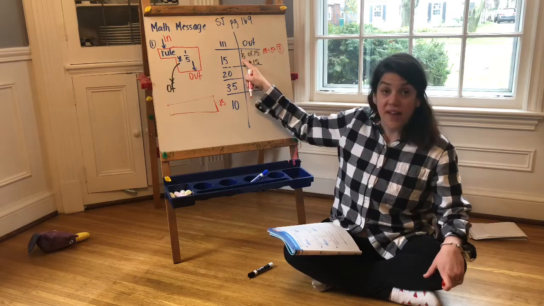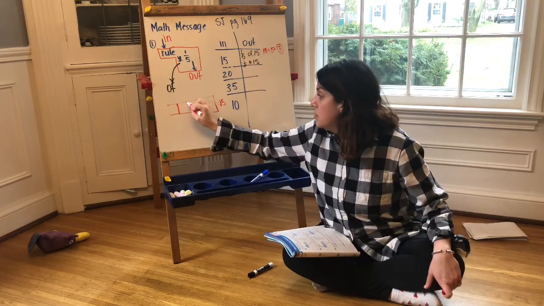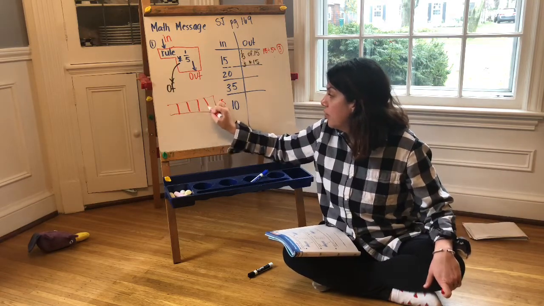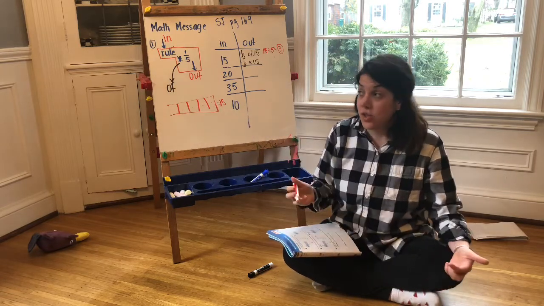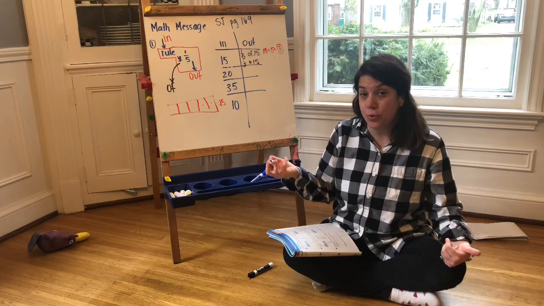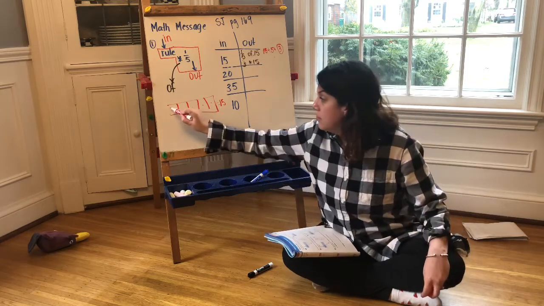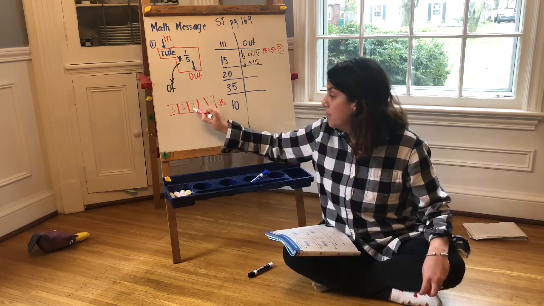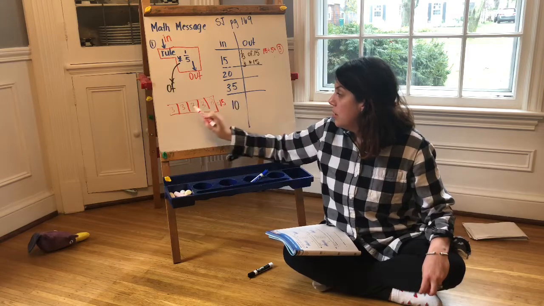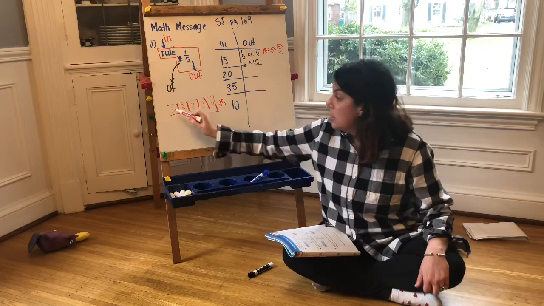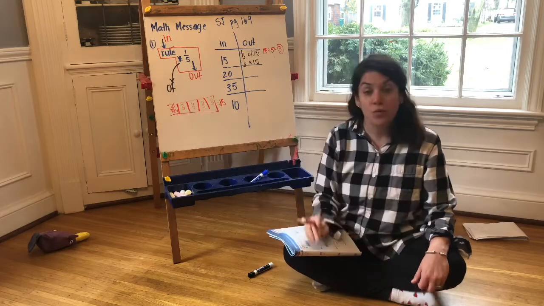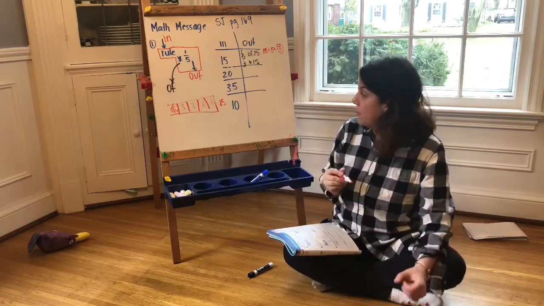Well, fifths. 1, 2, 3, 4, 5. So what does each group represent? 3. 3, 6, 9, 12, 15. So 1/5 would be 3.